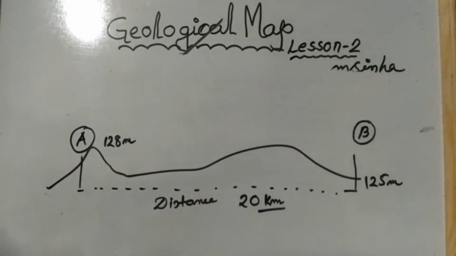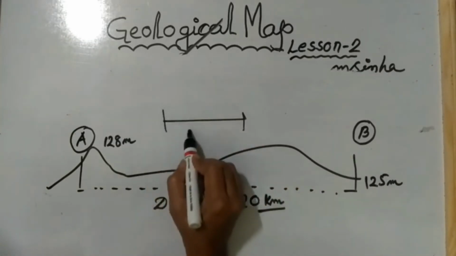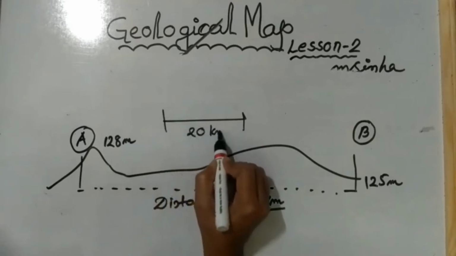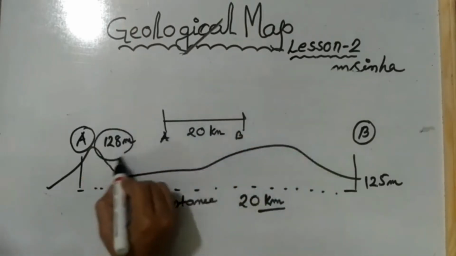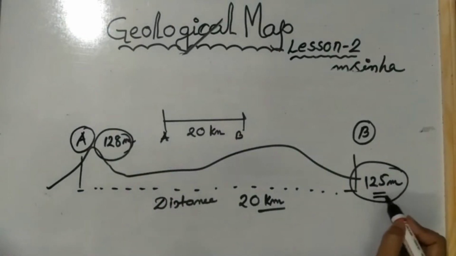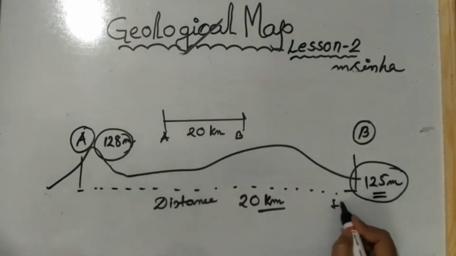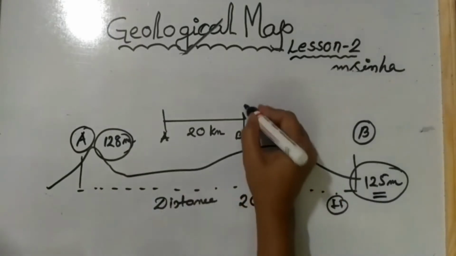Okay, you can easily identify that the horizontal distance between A and B is 20 kilometers, and the height of A is 128 meters, the height of B is 125 meters. The height difference between A and B is 3 meters.